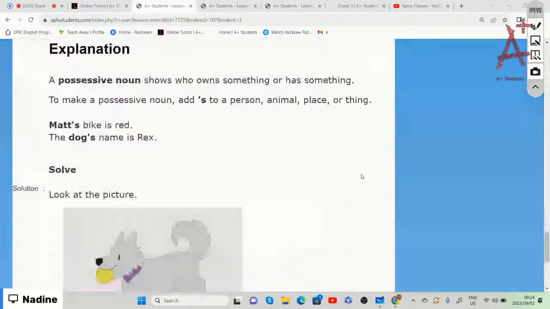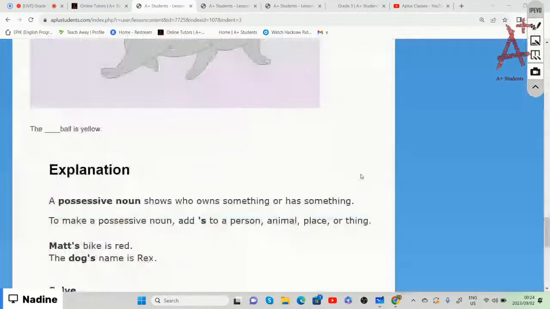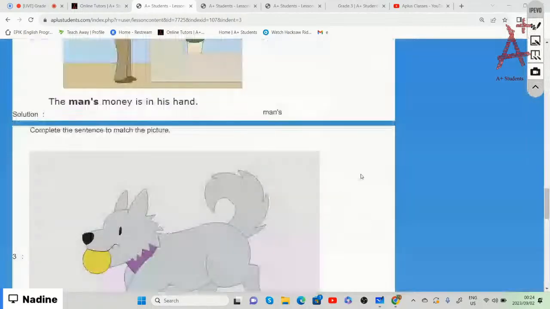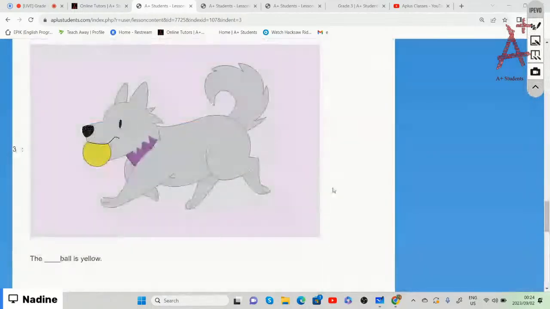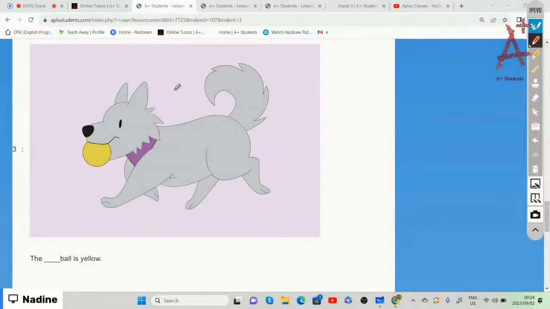All right, let's go into the next one. If we look at the picture in front of us, this is a dog with a yellow bow.